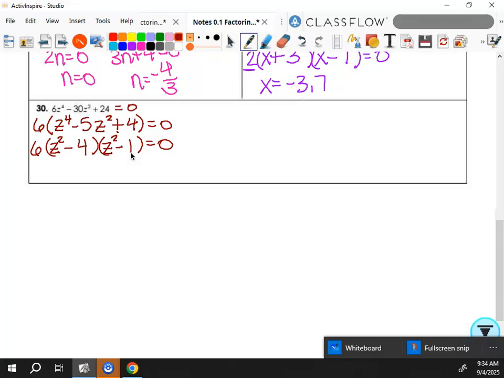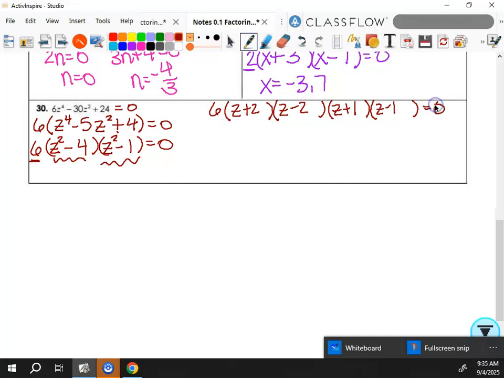Can I factor this more? Yes. Now, this guy, he's still just a 6. But this is a difference of squares, right? So that can be z plus 2 and z minus 2. Can I factor this some more? Yes, because they are both perfect squares. And so this is going to be z plus what? 1 and z minus 1.